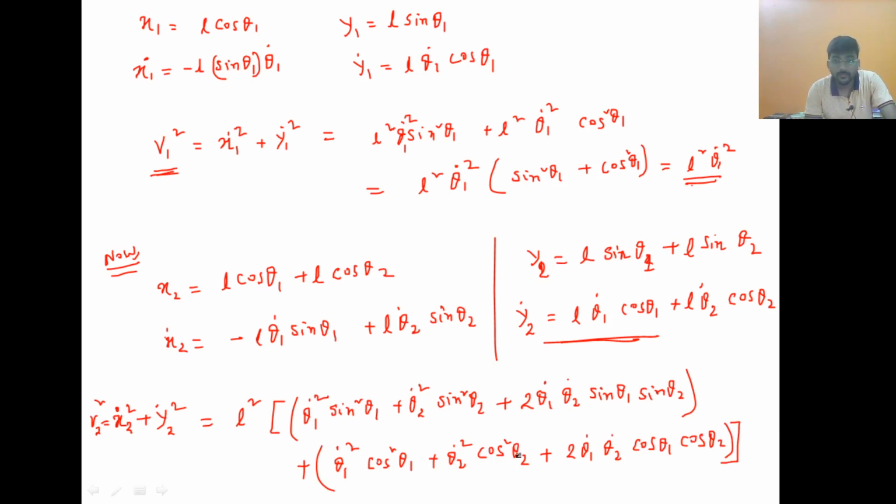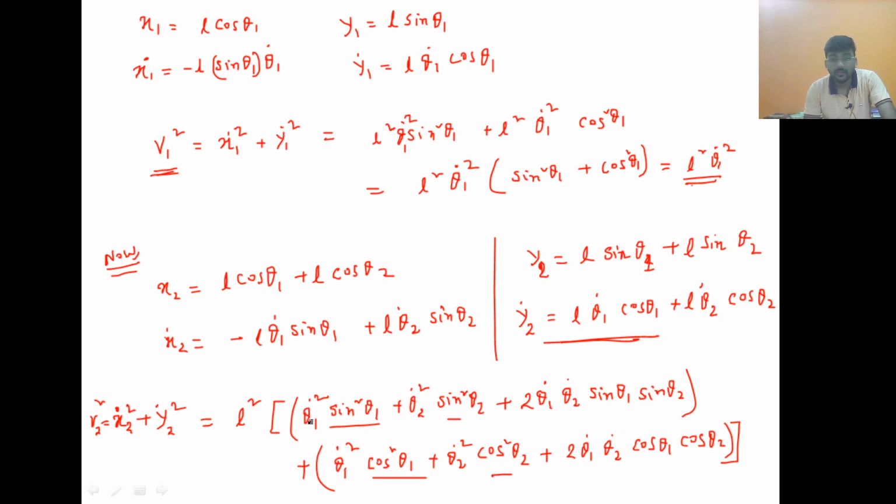Now here we can find that this is theta 1 dot square into sin square theta 1 and this is cos square theta 1. So if we take common, then it will be theta 1 dot square, because sin square theta 1 plus cos square theta 1 will be 1. Similarly, theta 2 dot square into sin square theta 2 plus cos square theta 2 will be 1, and these two things will add.